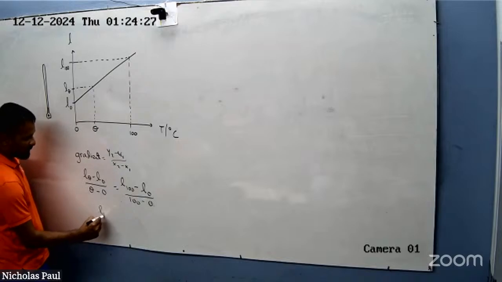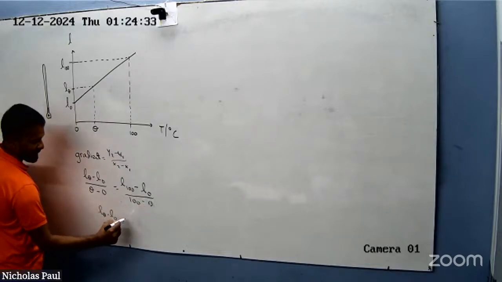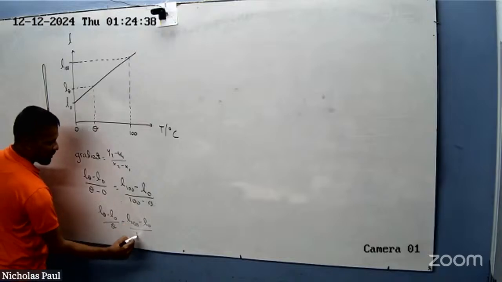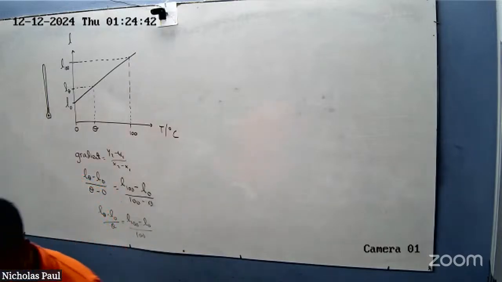This is L theta minus L0 all over theta, right? Because theta minus 0 is theta. Here, L100 minus L0 is equal to 100. Our objective is to make theta the subject of the formula.